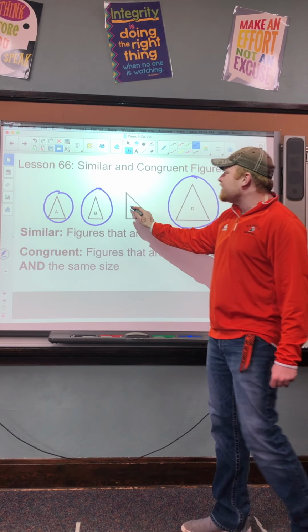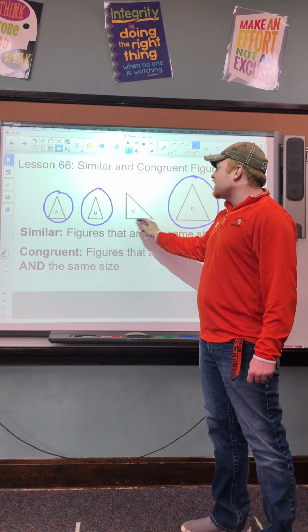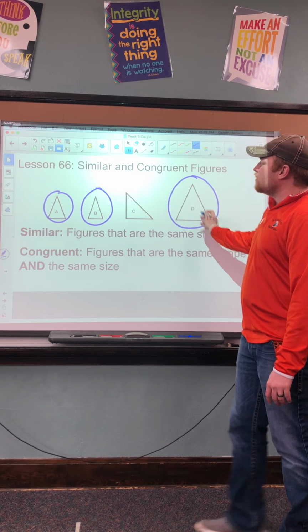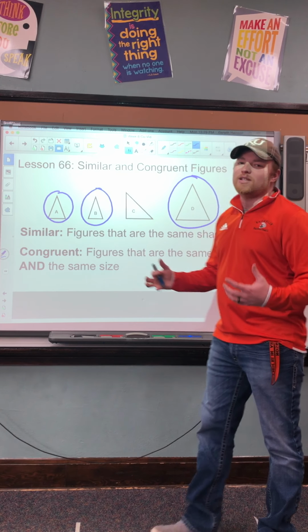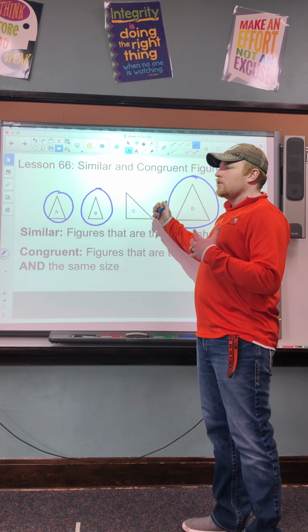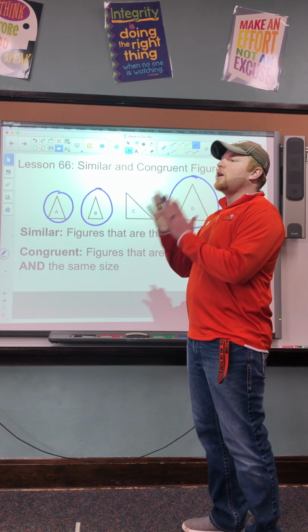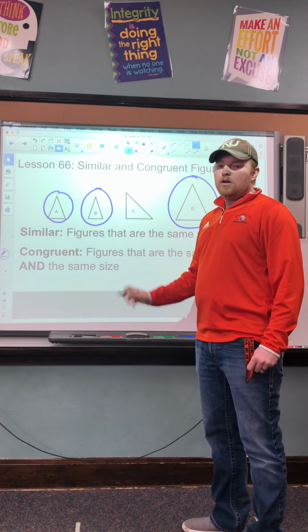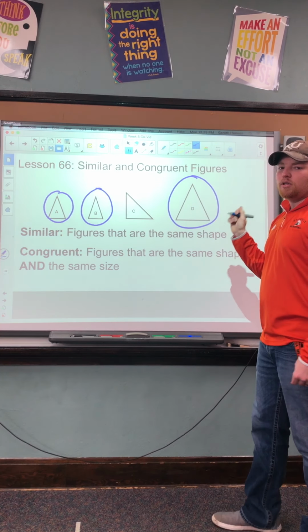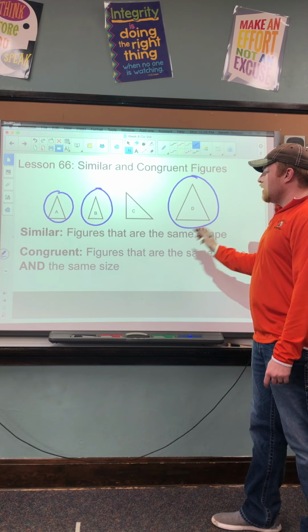You can't say C because that is a right angle triangle. It's a 90-degree triangle. These triangles don't have 90 degrees, so they don't look the same. Yes, they are all triangles, but they're not the same. So A, B, and D are similar figures.